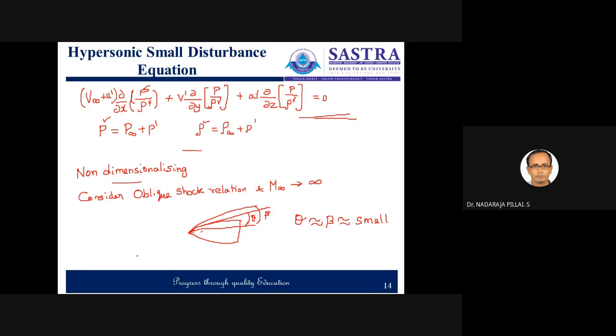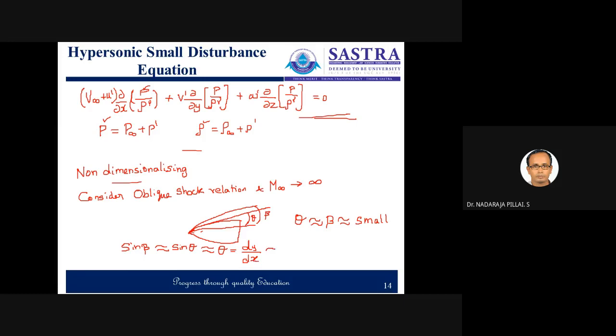If theta and beta are small, then we know sine beta can be equated to sine theta, which can be approximated as theta, and theta can be estimated by dy by dx.